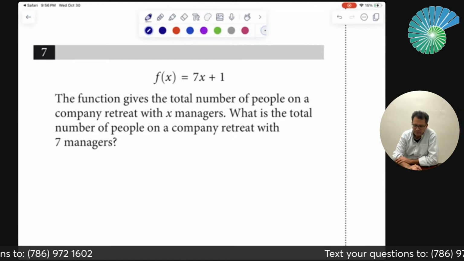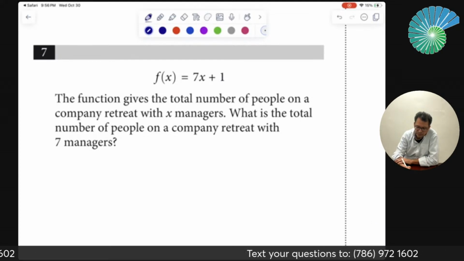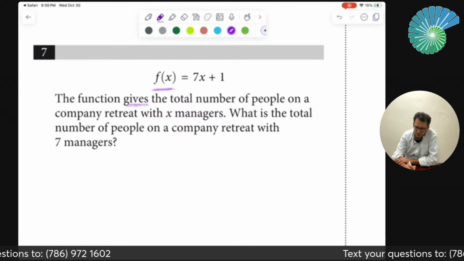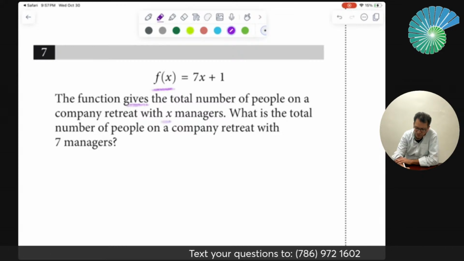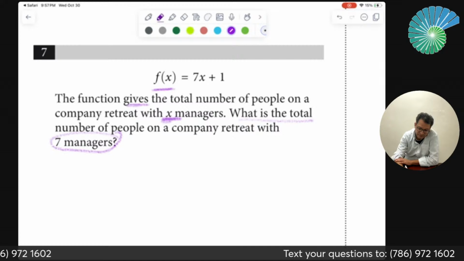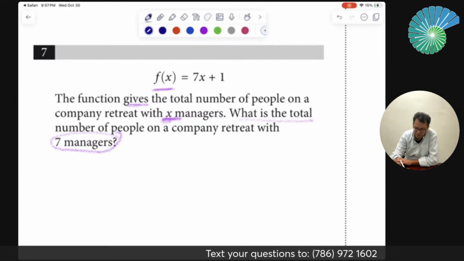Number 7, another very easy question. They tell me that this function gives the total number of people at a retreat with x managers. And then the question is, what is the total number of people on a company retreat with 7 managers? Well, that cannot be simpler.